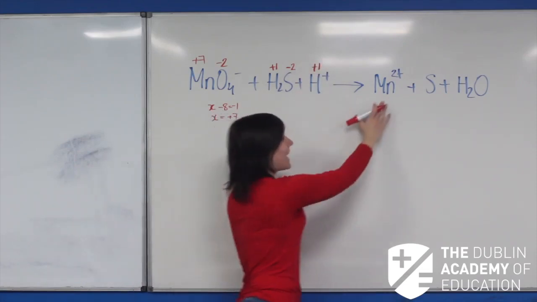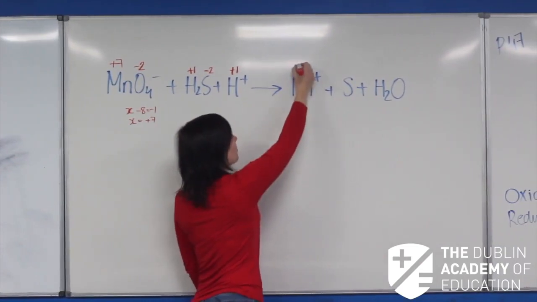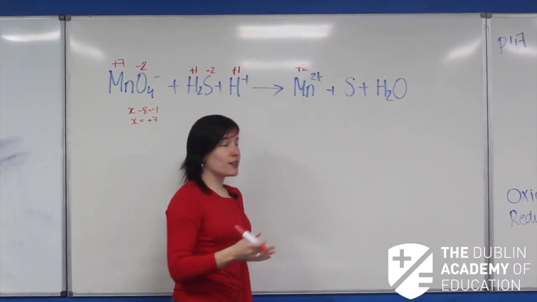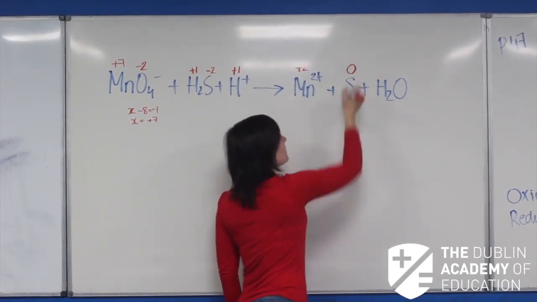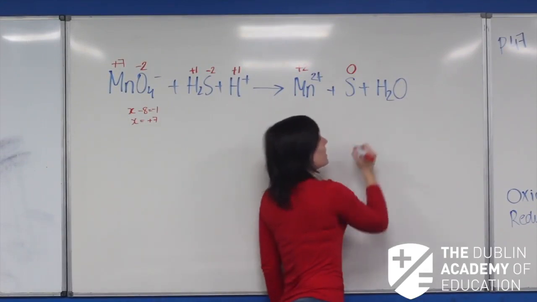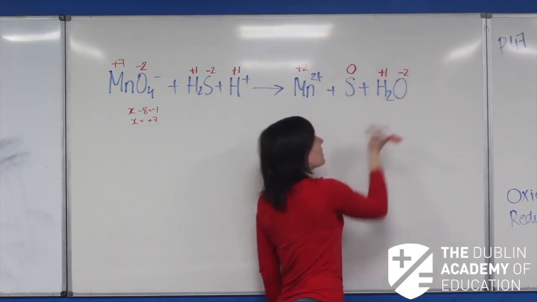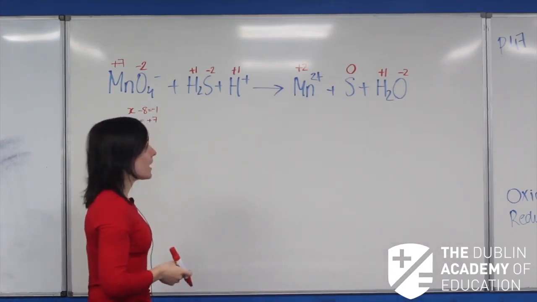Again, another simple ion here, so the oxidation number matches the charge, so it's going to be +2. Sulfur on its own, if we think back to rule number 1, is a free element, so it's going to be 0. Then here we have -2 for the oxygen, and +1 times 2 for the hydrogen. Again, that would add up to 0.